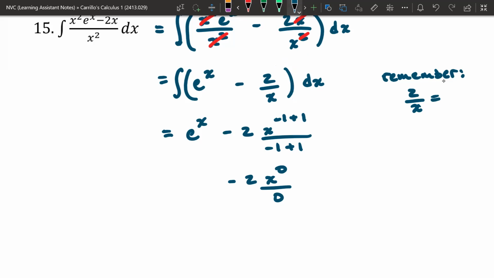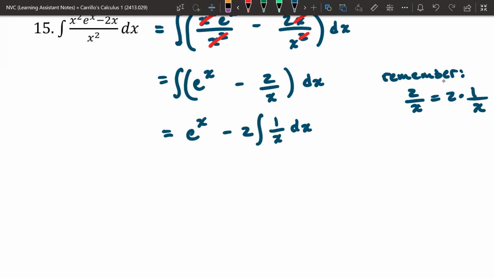Ignoring that constant of integration, we can say this is equal to 2 times 1 over x. Going back here, we'll say that this is this. So I haven't taken the antiderivative quite yet, but I manipulated this negative 2 over x to be something that we can maybe recognize. ln of x, or the natural log.